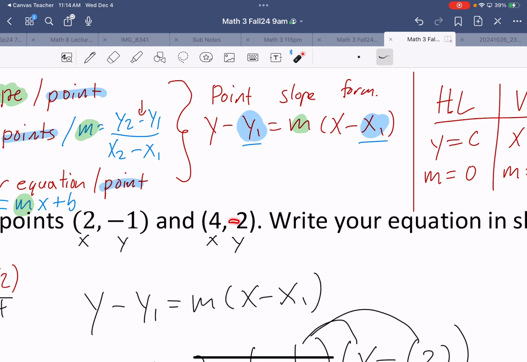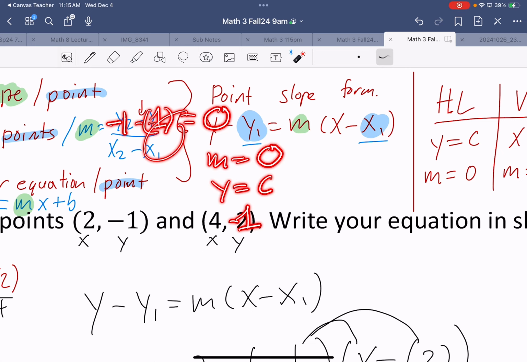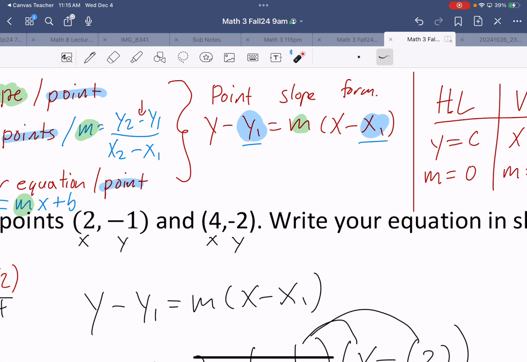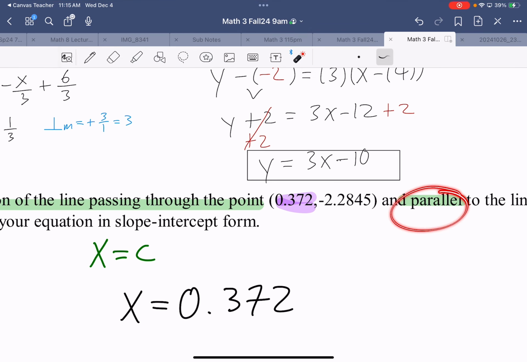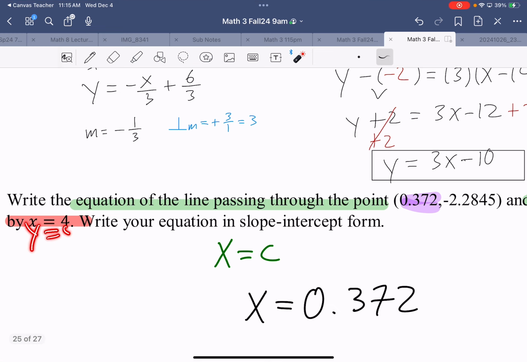Or I could have made this be -1, and then -1 minus -1 will give you 0, making the whole fraction 0, meaning you have a slope of 0, meaning you're dealing with a horizontal line, right? So all these ways we can ask the same question. Here, I could have also said y is equal to 4. So if I'm looking for a line parallel to a horizontal line, I would need another horizontal line, right? So there are all these ways I can ask these questions.